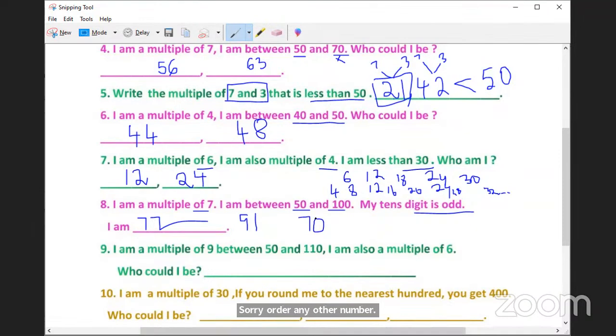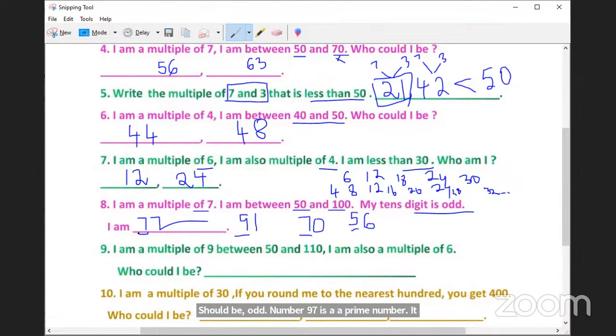Dhyanya is correct. Now, 63 not possible. 56, yes, possible, but 63 not possible because 6 is an even number. Tens place should be an odd number. 97 is a prime number.